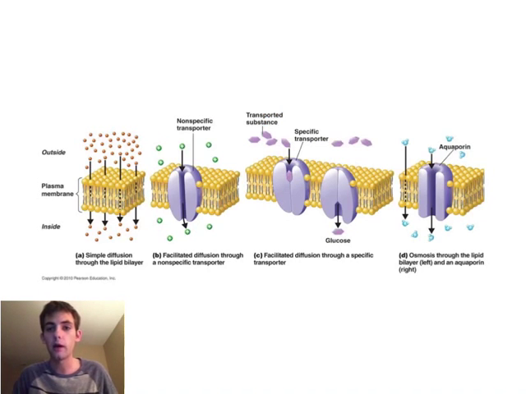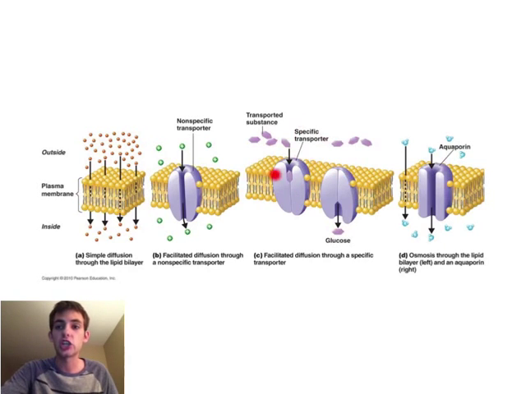So here's what simple and facilitated diffusion looks like. Simple is just small molecules moving through the plasma membrane without a protein. Then we have facilitated diffusion through a non-specific transporter. That just means it's a protein that has an opening and all different types of molecules can move through it. Then we have one with a specific transporter. And so here you can see some examples of a carrier or a channel protein.